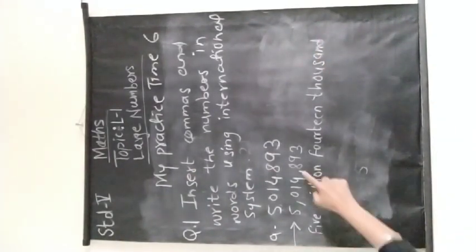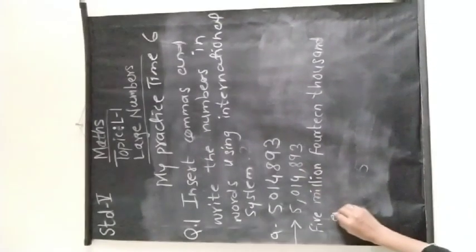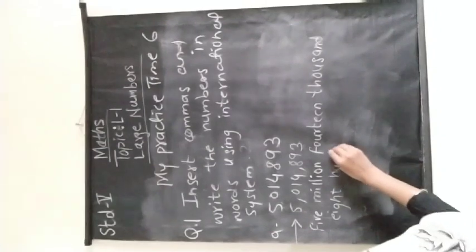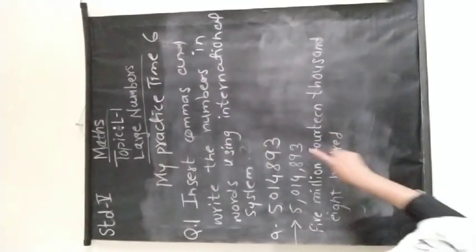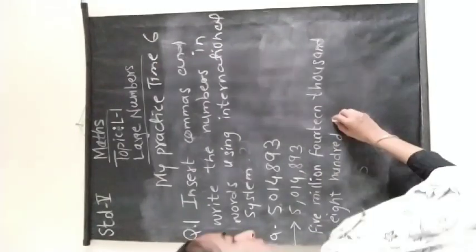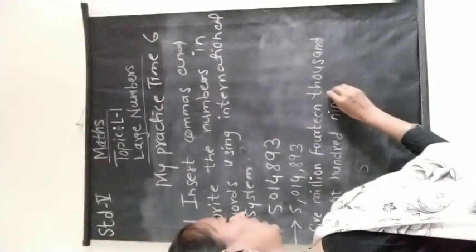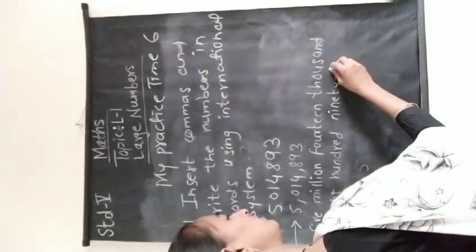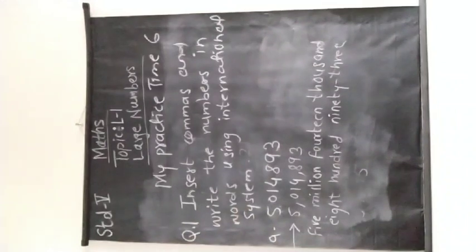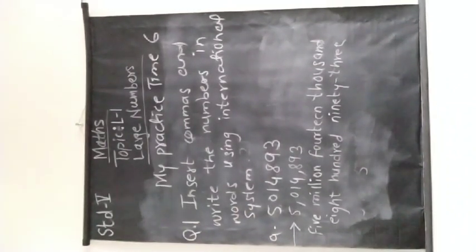After 14,000 comes 800 and 93, that is 893. Understand how to write this in the international number system.